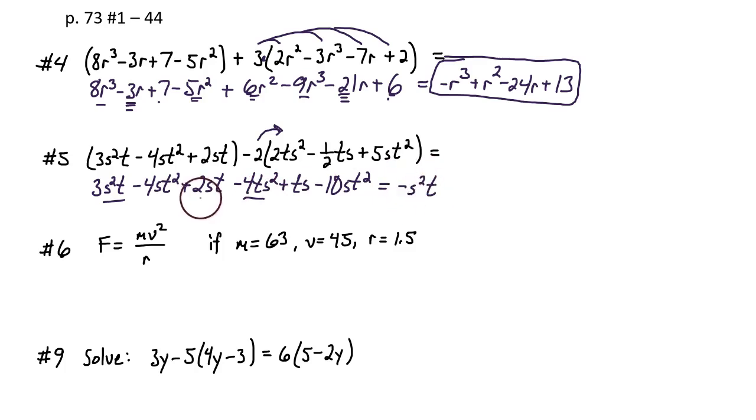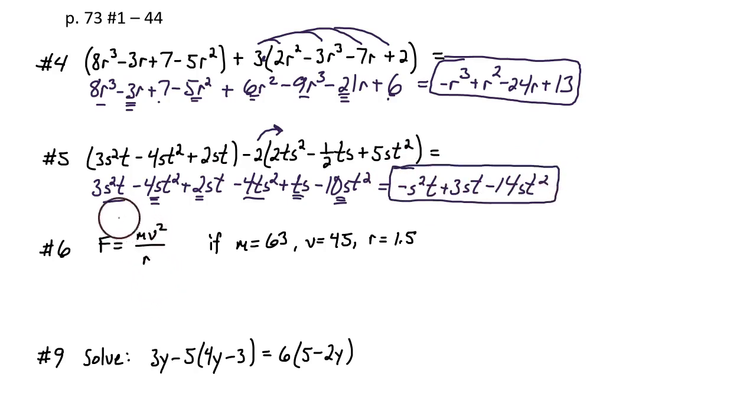Next I'm going to look at this term that has s to the first power and t to the first power. 2st and later on plus ts. An st term is the same thing as a ts term. So this makes positive 3 st. Now look at the st squared term. Negative 4 of them minus 10 of them is negative 14 st squared.